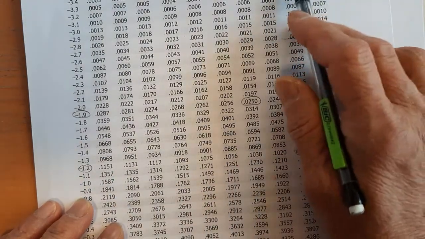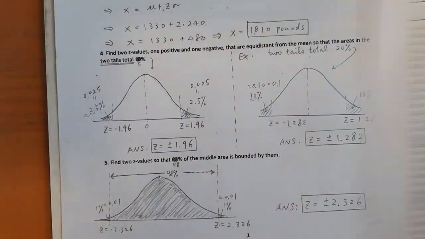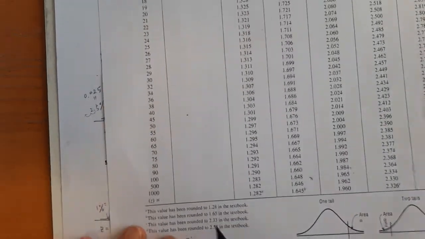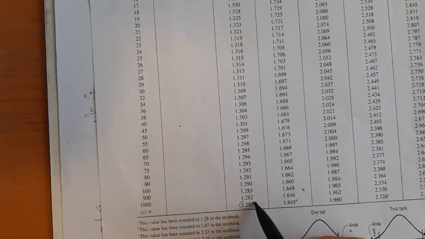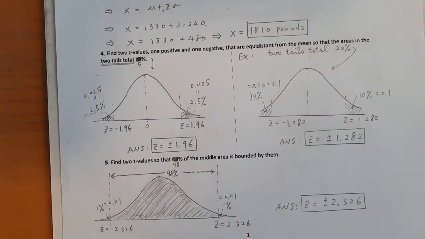If you want more accuracy, you can use this one: between is 80%, the two tails are 20%, go to the bottom, and it is 1.282. That's a more accurate answer.